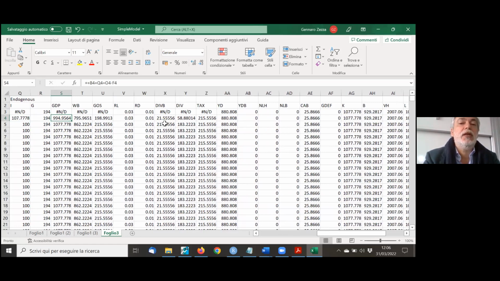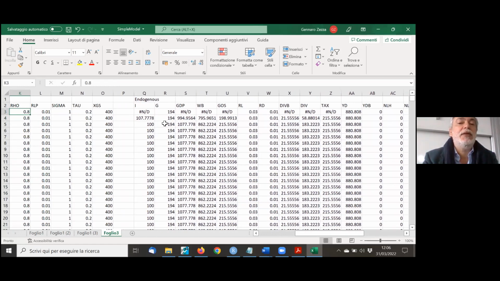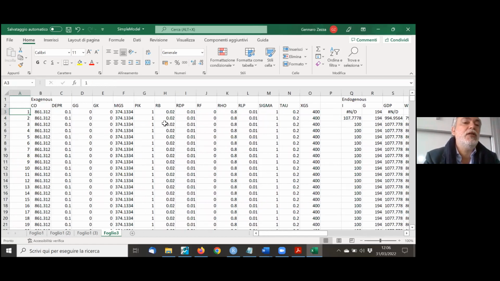And if we want the model to stabilize immediately at a given level, we can try to play around with our parameters until we get convergence of the starting values and the following values. Then when we endogenize things, this will have to be brought to the variables that we identify.